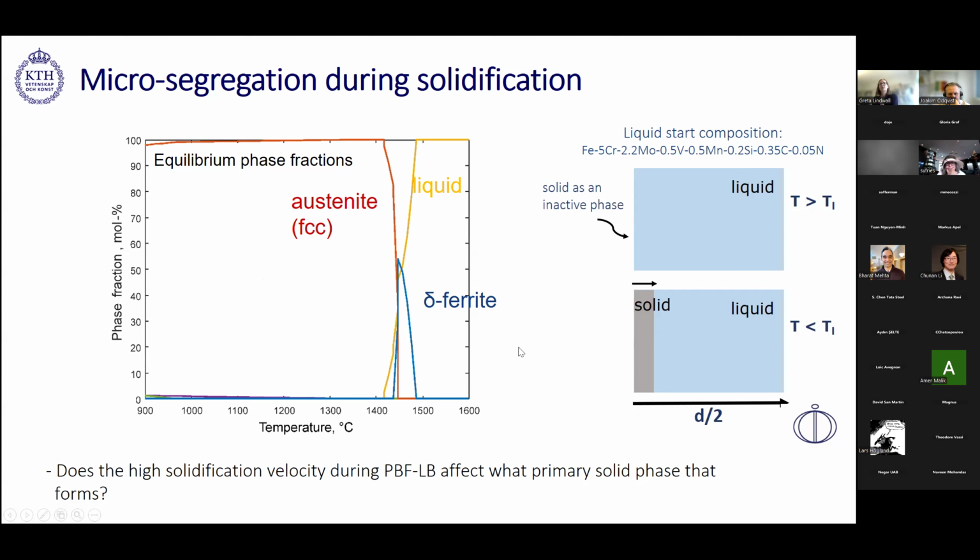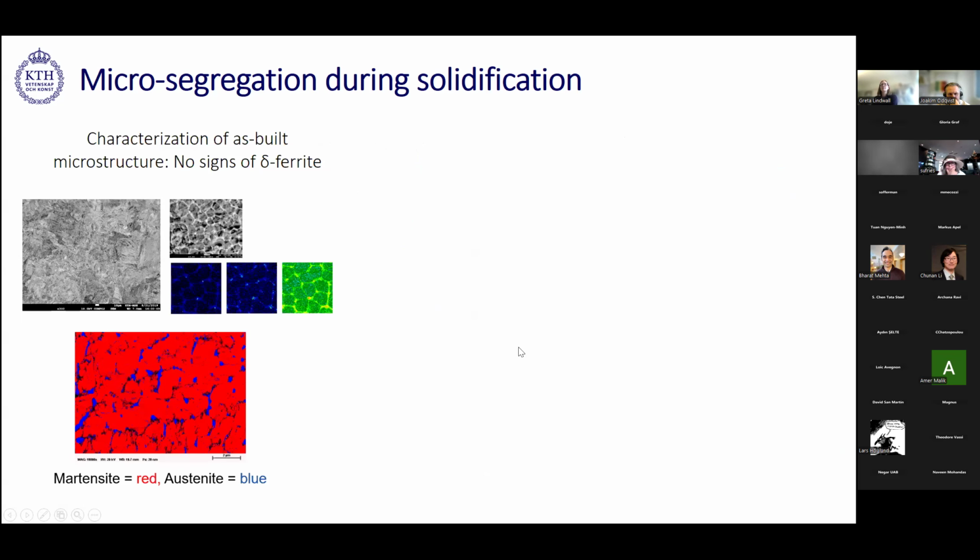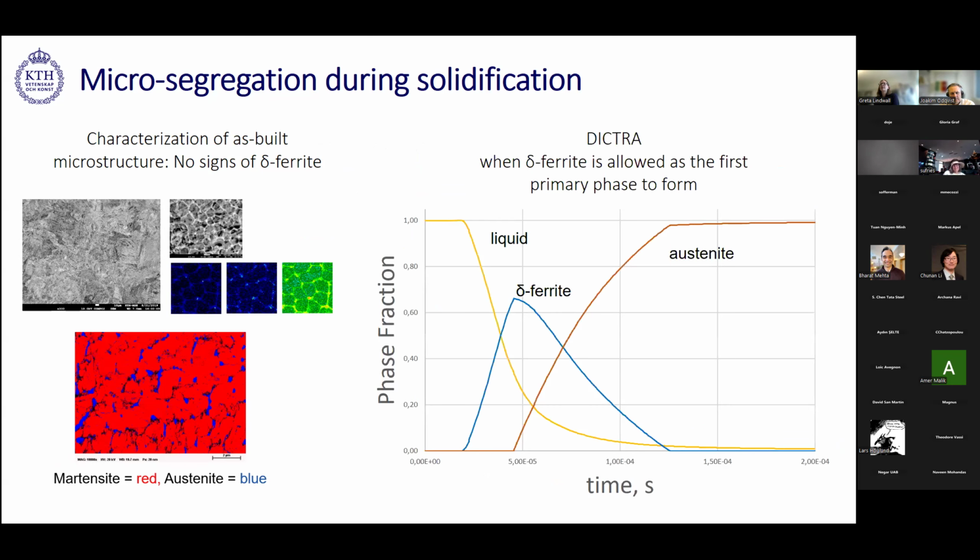But this we weren't sure about, and also if we look at the as-built microstructure in SEM and EBSD, we couldn't see any signs of delta ferrite. So there was no delta ferrite in the as-built microstructure. But if we do one DICTRA simulation, allowing delta ferrite to be the first phase to form, we can see that it forms, but then also that it transforms to austenite before solidification is finished.